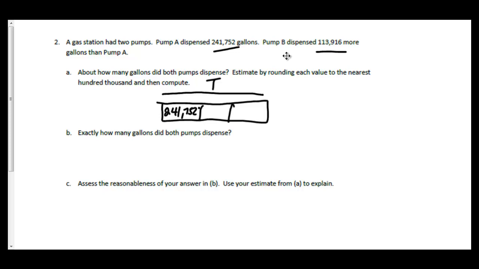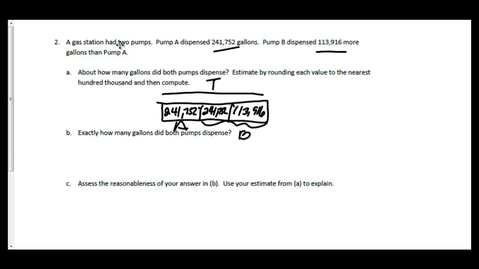Pump B dispensed 113,916 more gallons. So that means that it dispensed this 241,752 gallons, and it also dispensed 113,916 more. So these two parts here together would be pump B, and this would be pump A. That's why I decided to write inside the box.